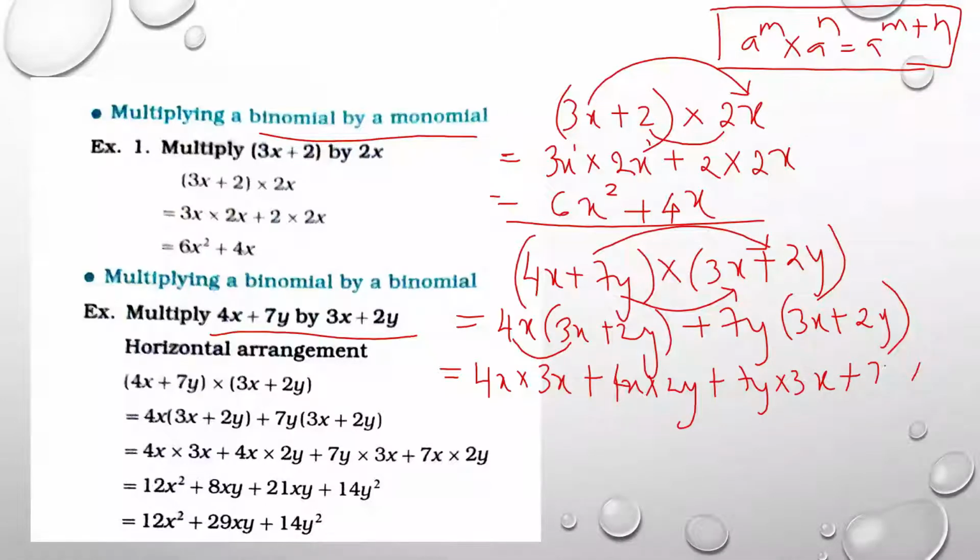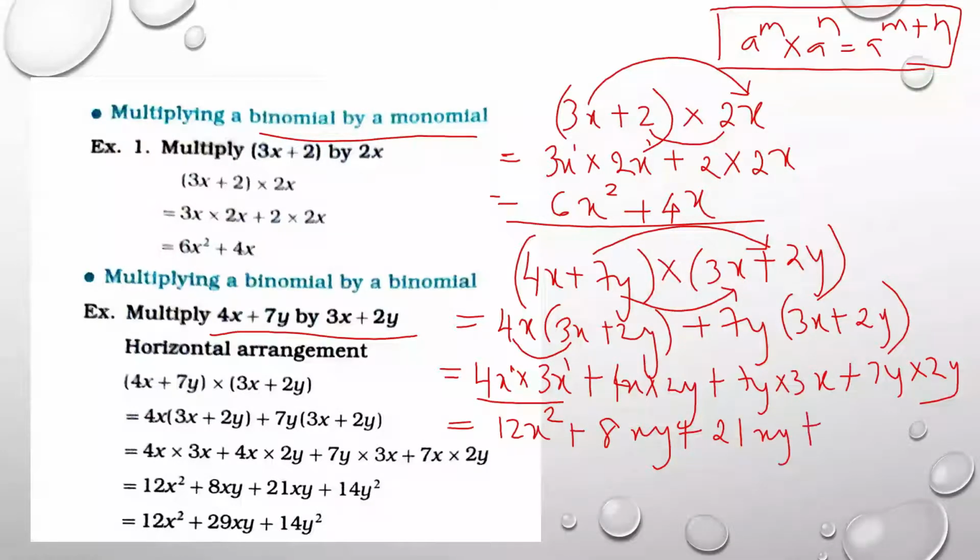Now solve. 4 threes are 12x, add the power, so 12x raised to 2, plus 4 twos are 8xy, plus 7 threes are 21xy, plus 7 twos are 14, y raised to 2. Now add the like terms. So 12x raised to 2 plus 8 plus 21 is 29xy plus 14y square. So this is your answer.